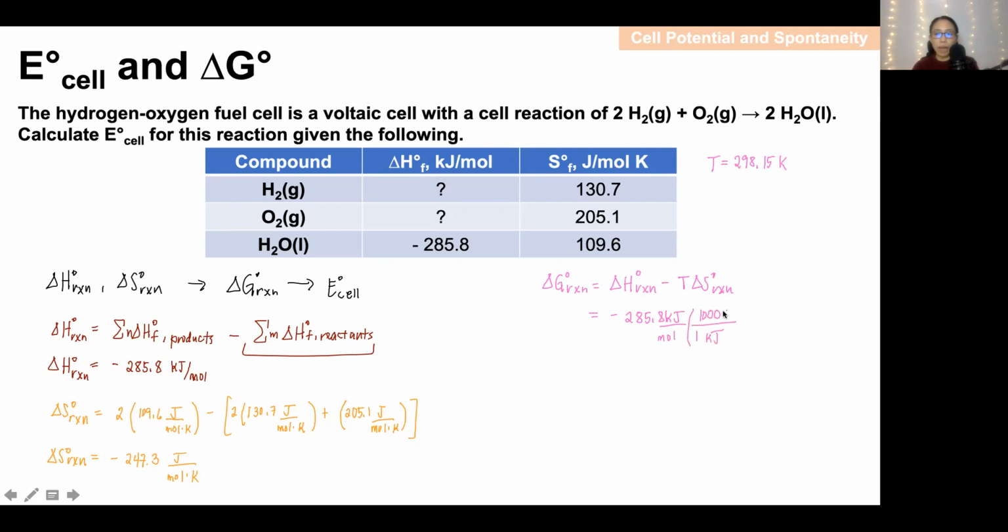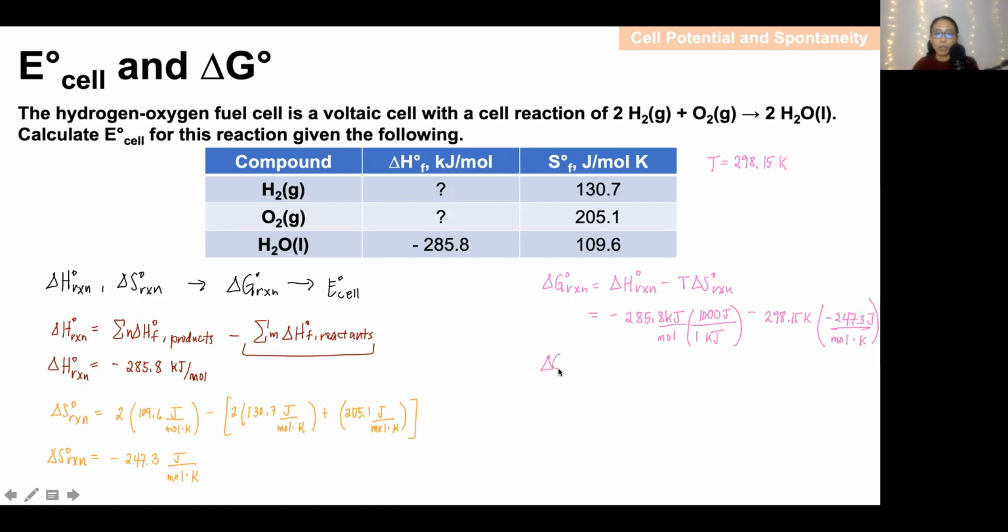And then we have minus 298.15 Kelvin times negative 247.3 joules per mole per Kelvin.